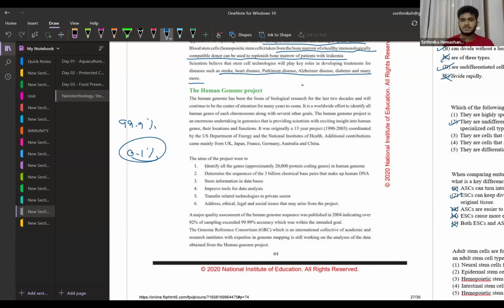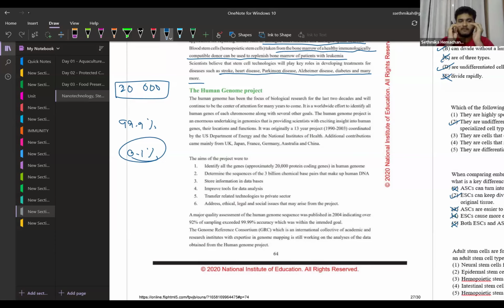So when we consider the genes present in our body, we have about 20,000 protein coding genes, right? And out of all the genes, 99.9% are similar in every human. 0.1% is different.